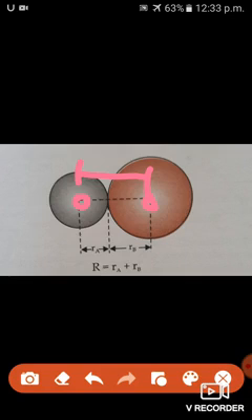So in other words, the bond length is approximately the sum of the covalent radii of two atoms. And it is measured in angstrom and picometer also.